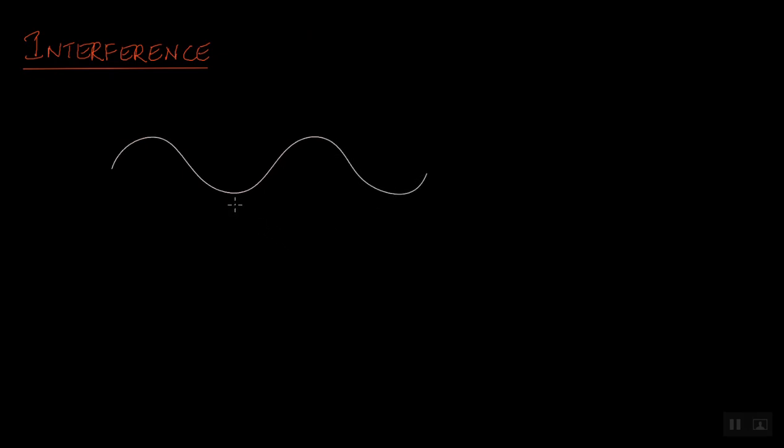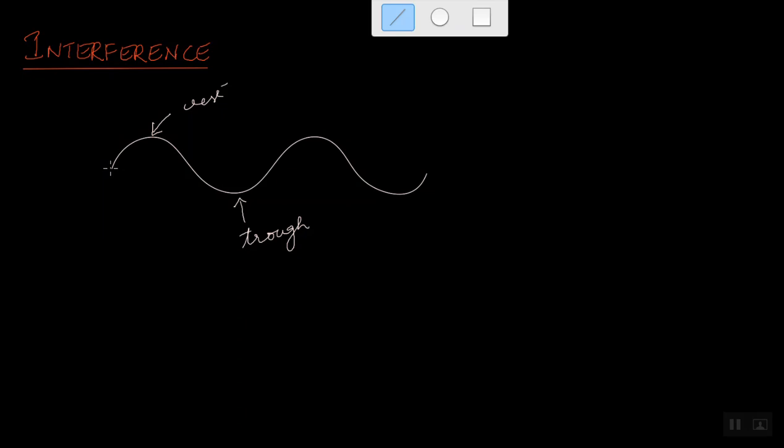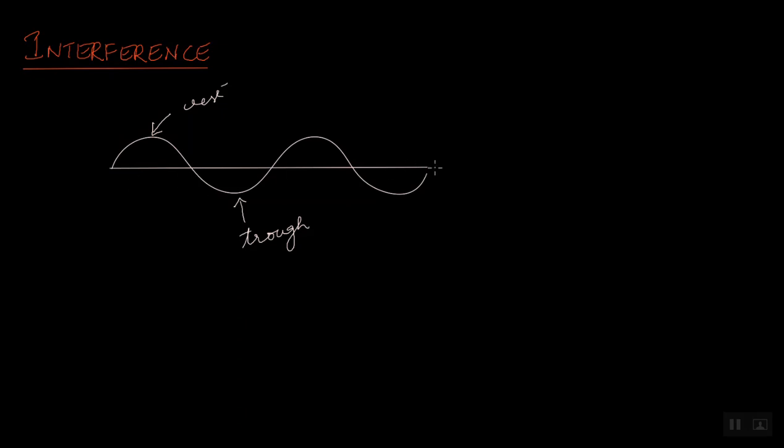This part is called the crest of the wave, and this part is called the trough of the wave. Got it? And here there's a line, the line which passes through the middle. This is the point where the amplitude of the wave is 0.